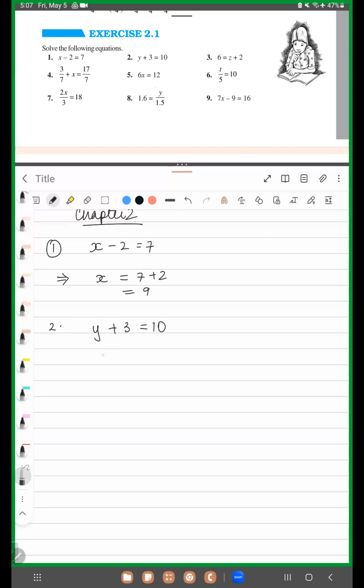I just have a doubt in the 8th one. 8th one, chalo, okay, let's do the 8th one. 1.6 equals y by 1.5. क्या doubt है? I don't know how to do because of the decimals. Decimals are scaring you, huh?